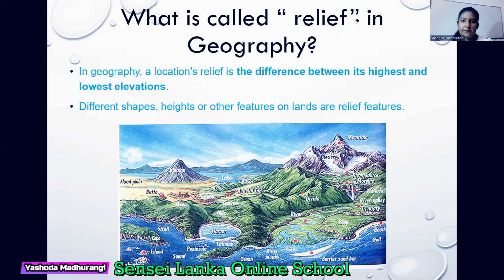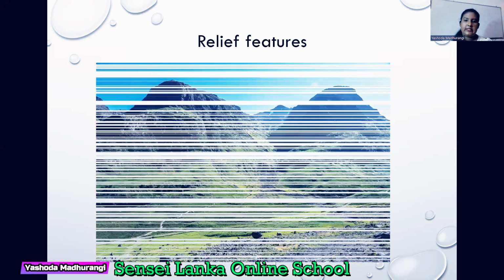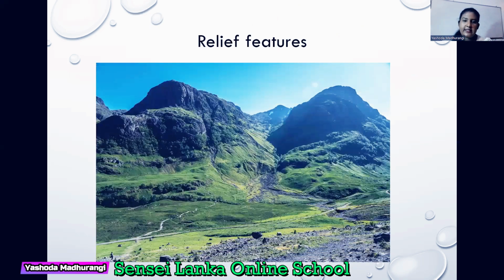Okay. What are the relief features? Look at this. Here you can see many relief features in this picture. Here you can see a mountain. Here a valley is there. The plain, flatland is here. Like this, there are many relief features. In any area, we can find them.